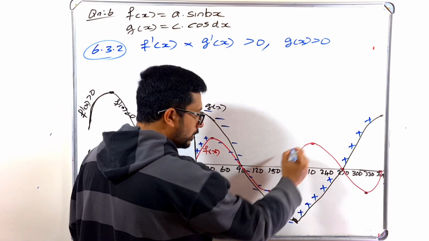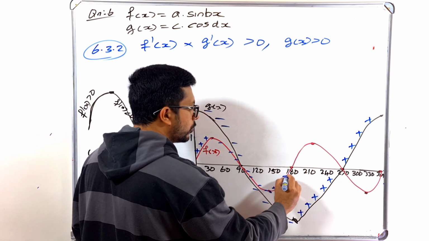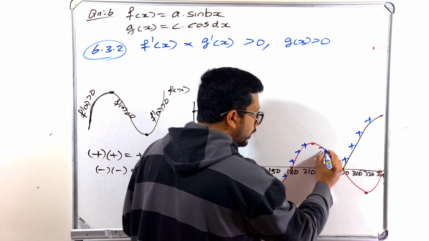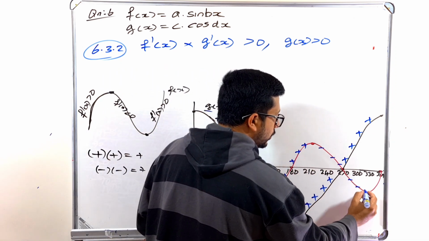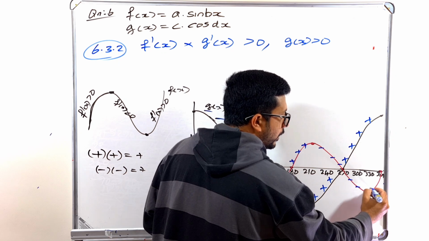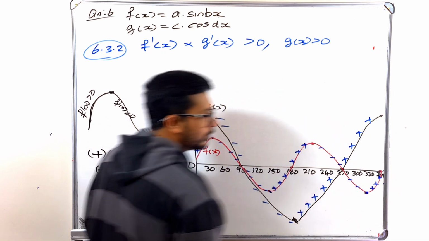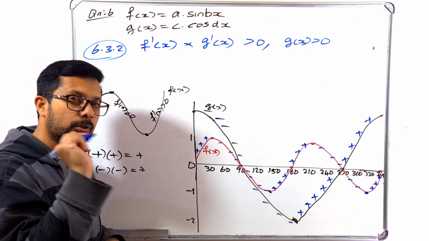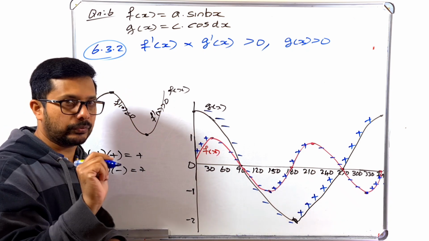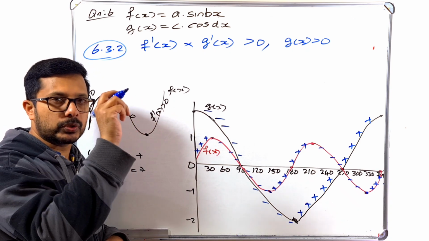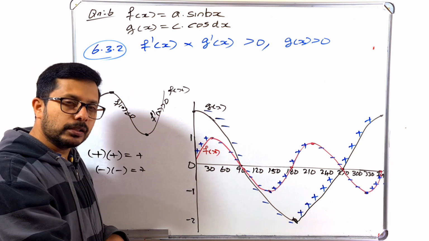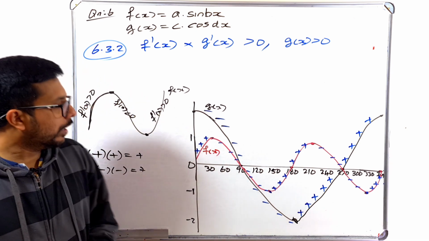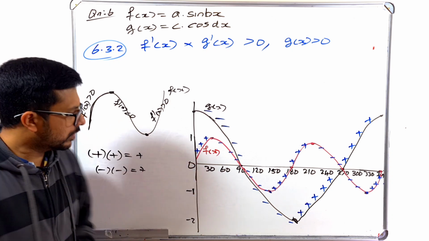Again it is increasing, so positive up to there. Again it is decreasing, negative up to here. Again it is increasing, so positive. So the only thing is: increasing, positive first derivative. I am talking about the first derivative, not the graph. Increasing, first derivative positive; decreasing, first derivative negative. That's all.